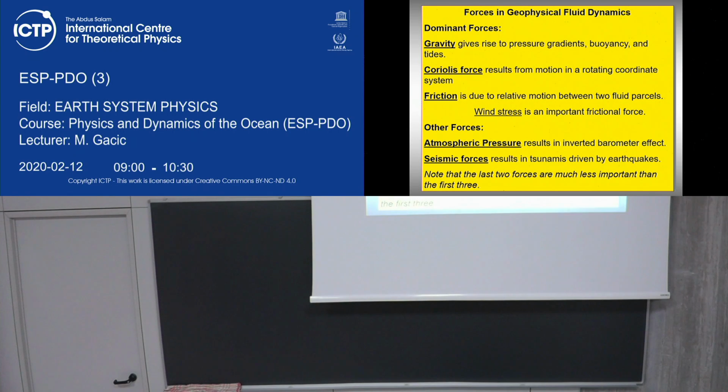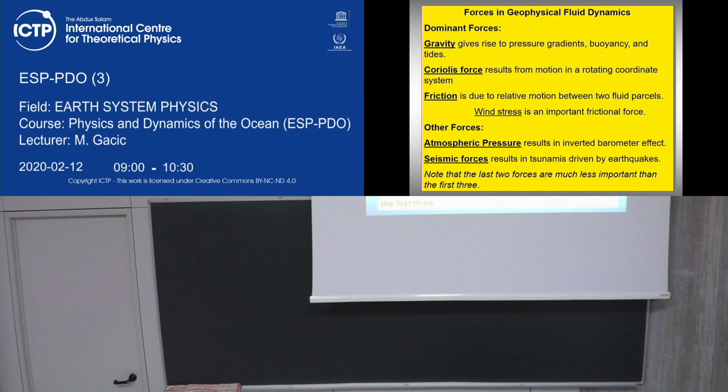Friction is obviously the force due to the relative motion between different layers, or the relative motion between air and the sea, which we already mentioned. Especially dramatic differences in speed appear where we have the largest speeds in the air with respect to those in the ocean.